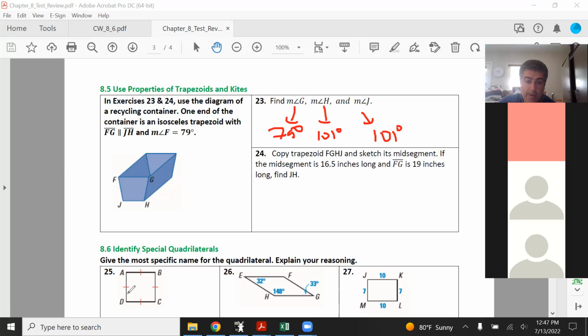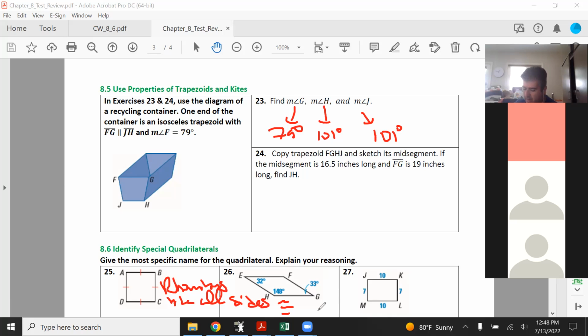I don't know if it's a square. You need this. But if all the sides are the same, I know it's not a rectangle, but definitely could be a rhombus. And that's because all sides are congruent. So that's 25. Okay. So that covers just a little bit of the chapter test review.